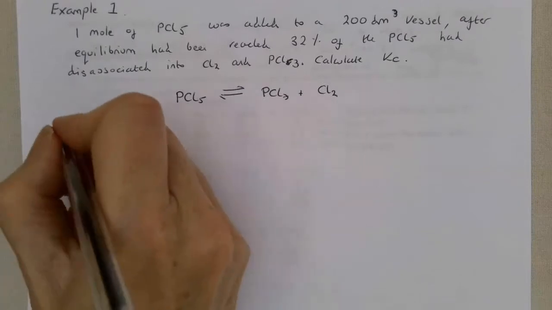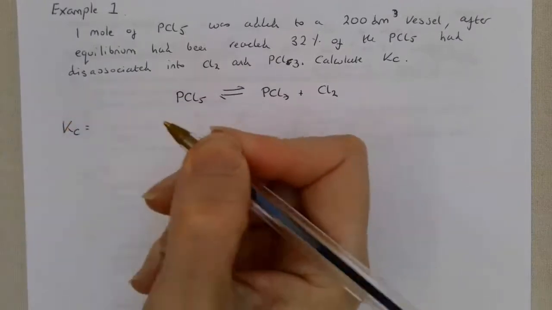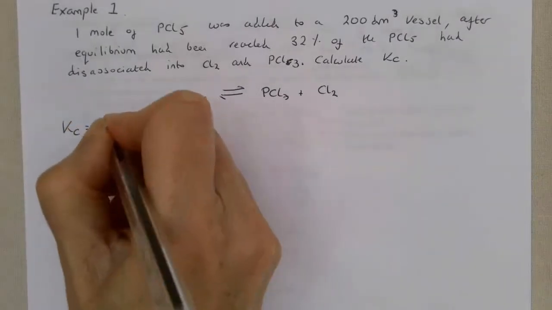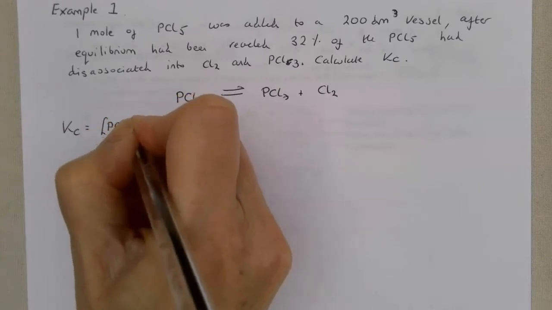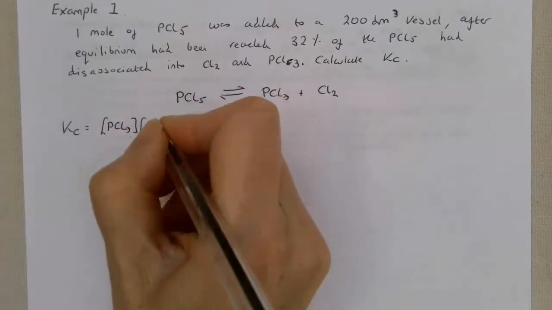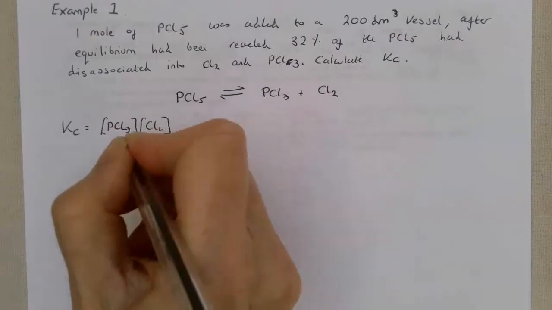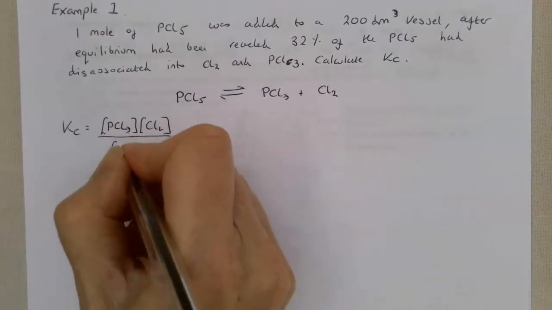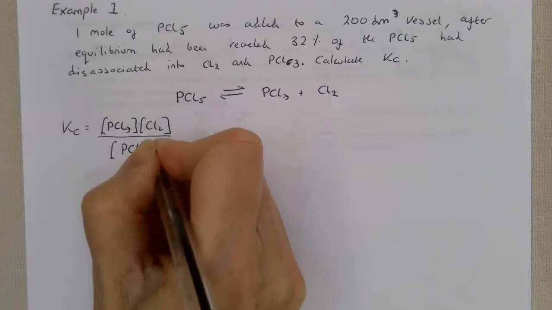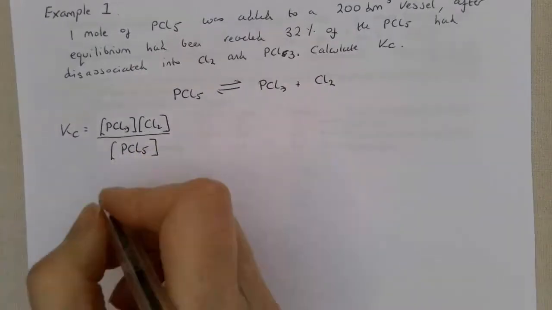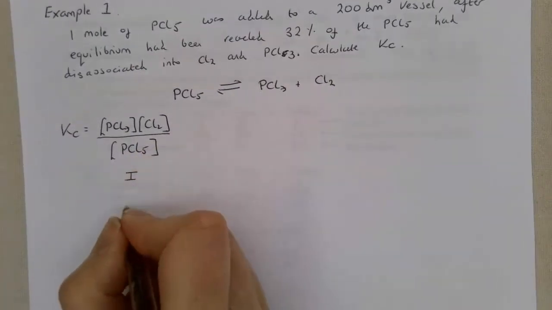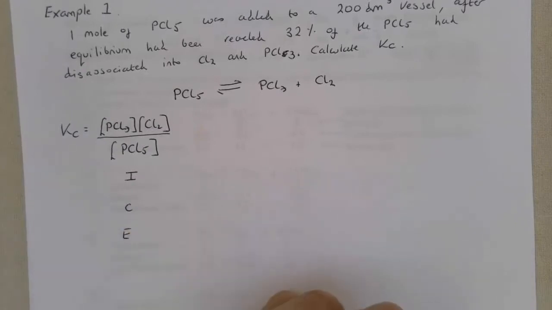I can use that to write my Kc expression, and that is going to be the concentration of my PCl3 times the concentration of my chlorine divided by the concentration of my PCl5.